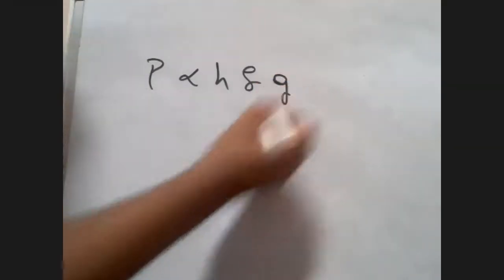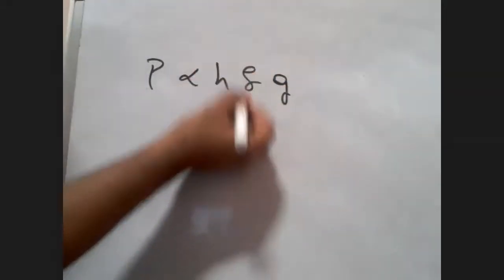Students, look at this sum now. How is dimensional analysis used? Suppose you are given that there is pressure, and it is proportional to some density, it is proportional to some gravity, but they have not given you the exponent.